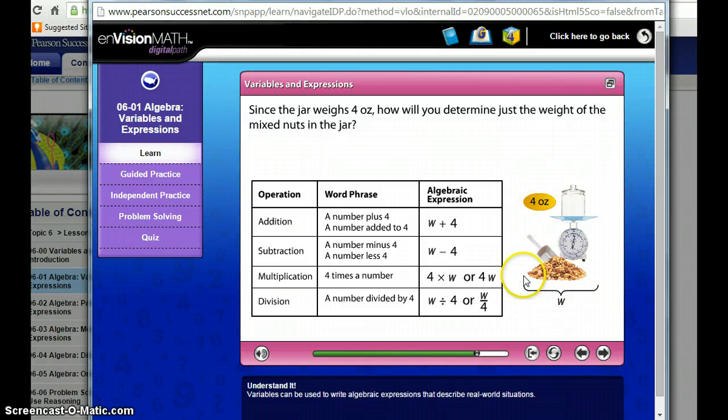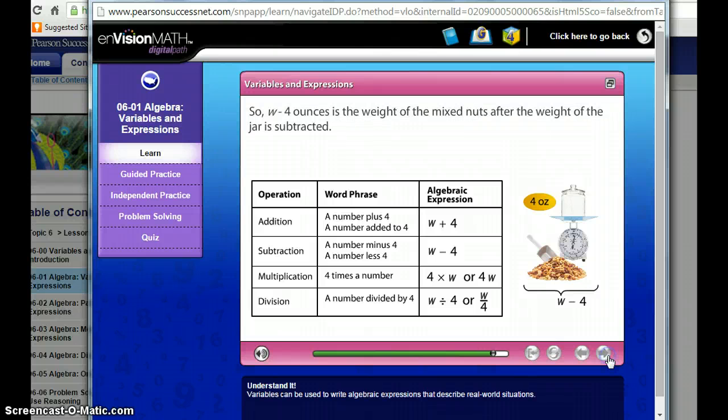W minus 4. W, remember, is the weight of everything. If you take the weight of everything, both of them together, minus the weight of the jar, 4 ounces, you're going to get how much just the nuts are. You will subtract 4 ounces from the total weight of the jar and mixed nuts to determine just the weight of the mixed nuts.